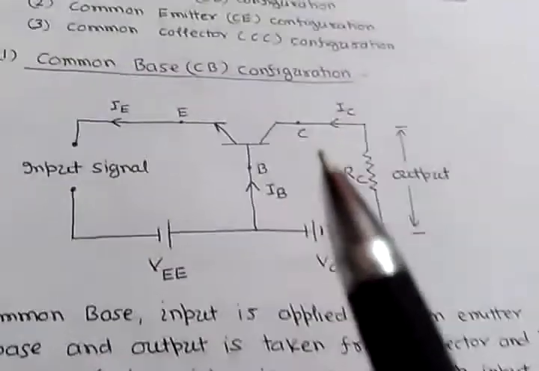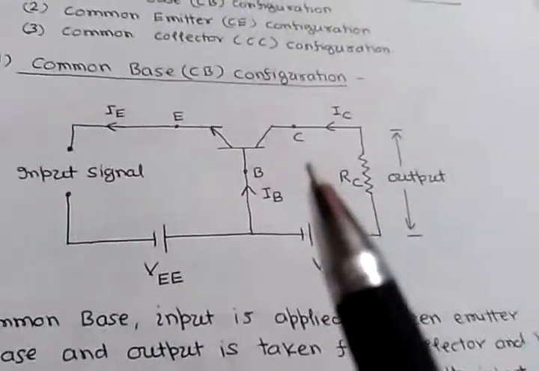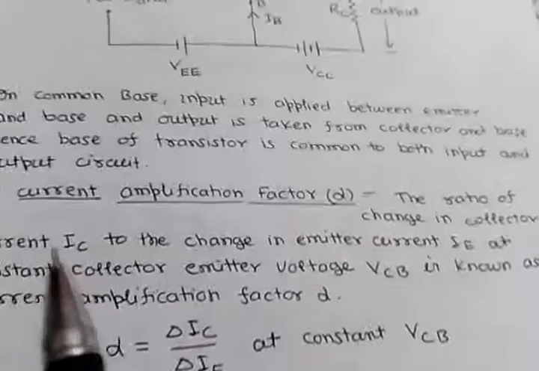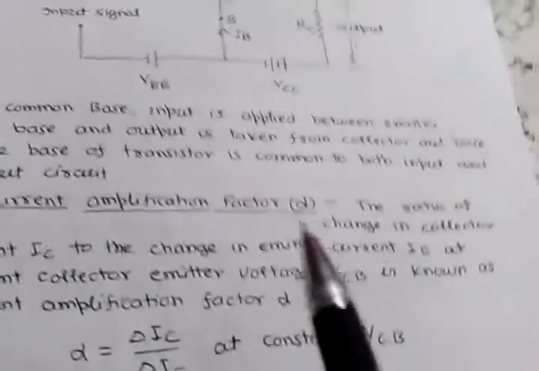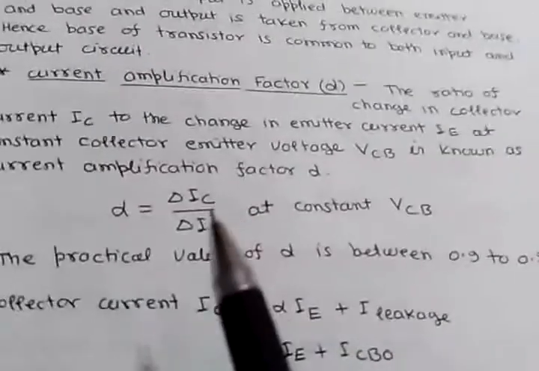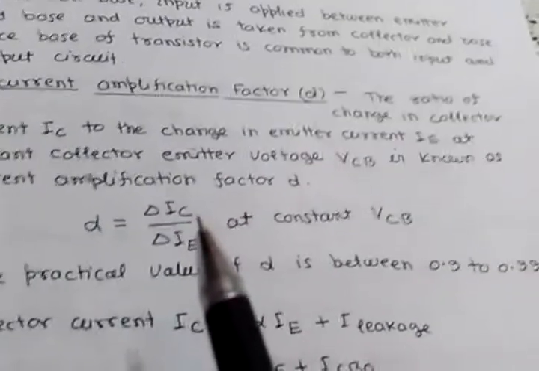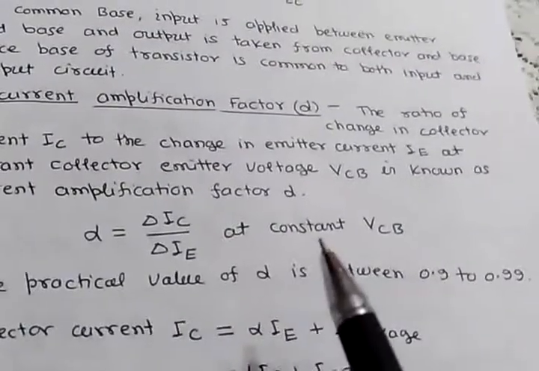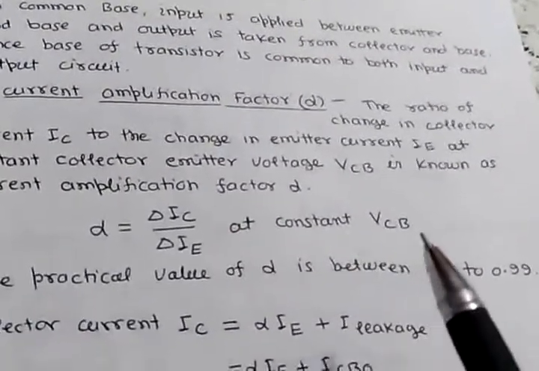So one important parameter in common base configuration is the current amplification factor alpha. This is the ratio of change in the collector current to the change in the emitter current at constant collector to base voltage VCB.